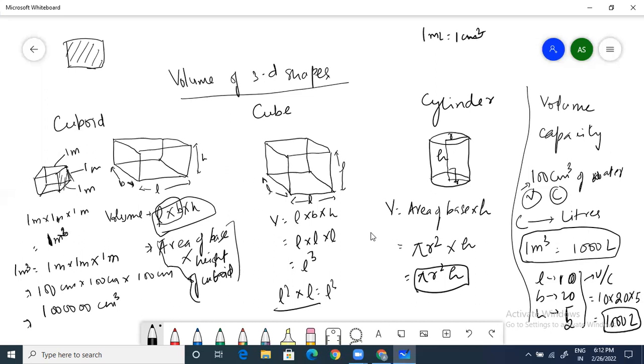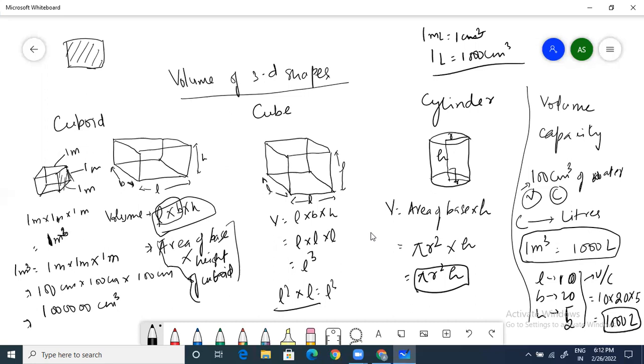For example, a very small cube which is 1 centimeter in length, breadth, and height can only hold 1 milliliter of liquid. And that is why 1 liter is equal to 1000 centimeter cube, because 1 liter equals 1000 milliliters. And that is why we are saying 1 meter cube is 1000 liters.